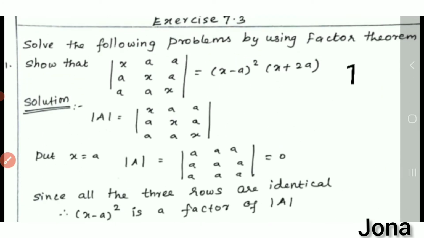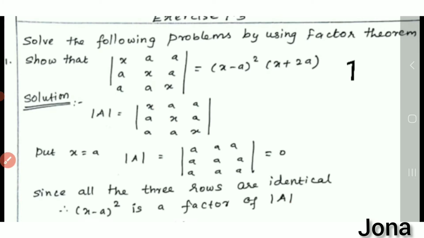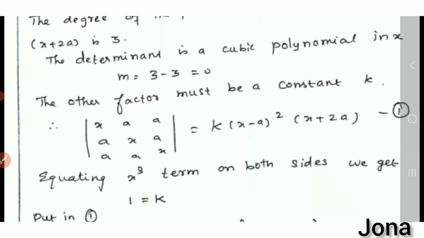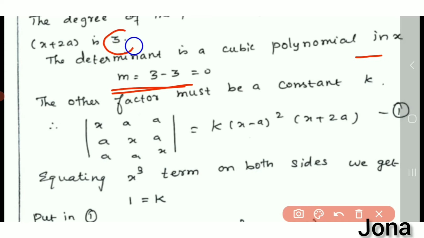Here the determinant's leading term is x cube, isn't it? So we already got the factors with power 3, and the degree of the determinant polynomial in x is also 3. So we want to find the value of m. m is nothing but the difference between this 3 and this 3. So 3 minus 3 is 0.